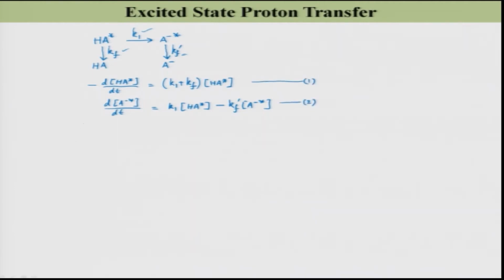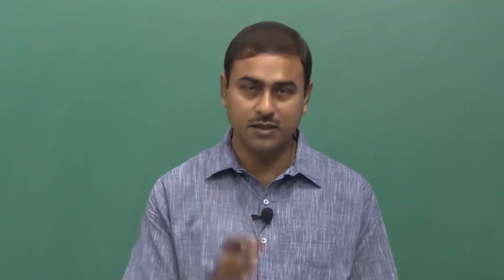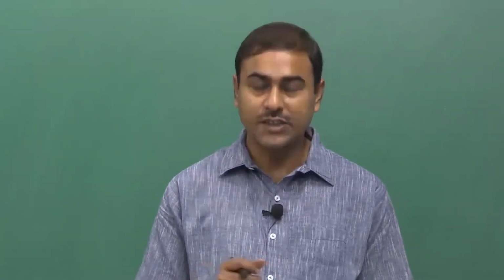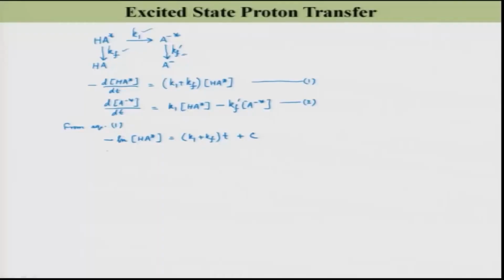From equation 1, I can write minus ln HA star equals K1 plus Kf times t plus C. Now I will put in the boundary condition: at t equal to 0, just at the start of the reaction, the concentration of HA star is HA star 0, the initial concentration.